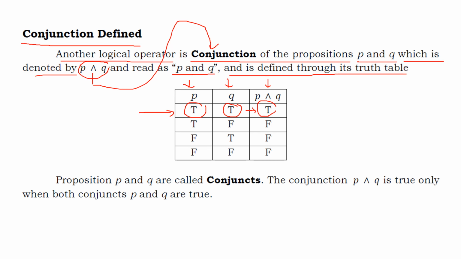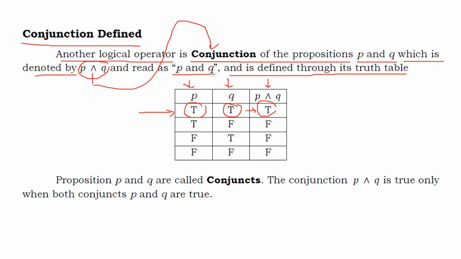Meaning to say, if the truth values of the propositions P and Q are both true, then if we're asked to look for the truth value of the conjunction of P and Q, it is automatic that the truth value for P and Q is true.